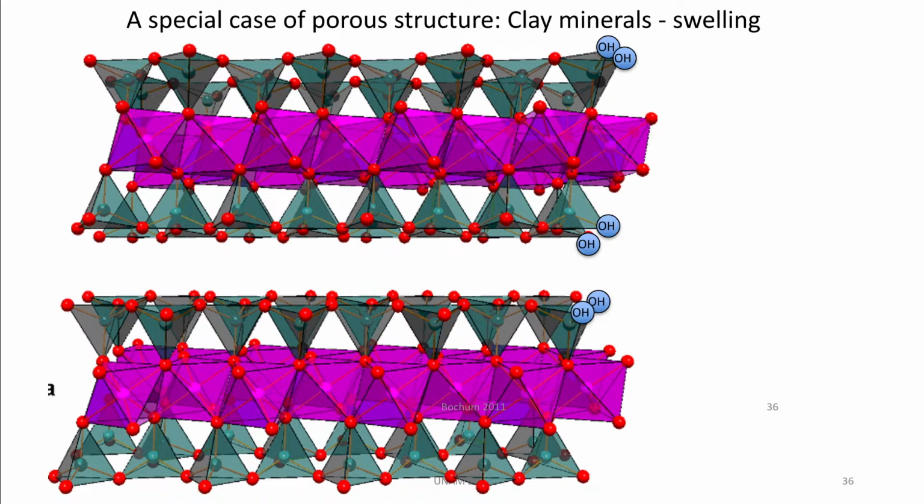So, for example, if you had silicon in each tetrahedron and magnesium in each octahedron, this would give some neutral layers. If you substitute Si4+ by Al3+, there is one positive charge missing. That means one negative charge. And this is why clay layers bear a negative charge.